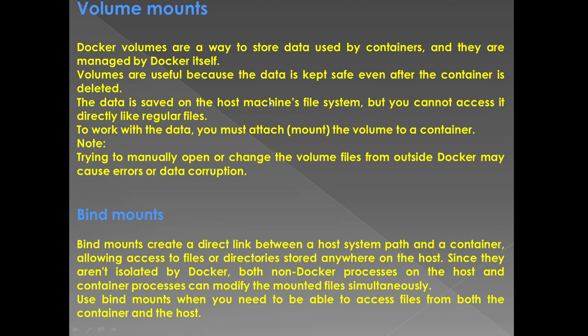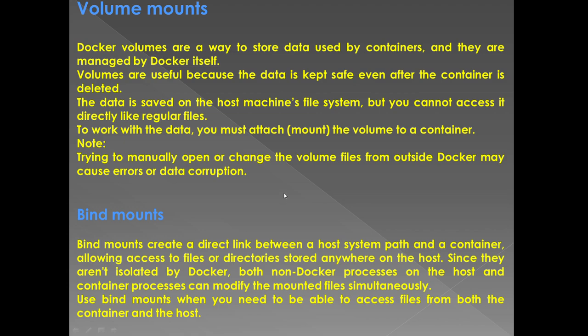Volumes are useful because the data is kept safe even after the container is deleted. The data is saved on the host machine's file system, but you cannot access it directly like regular files. To work with the data, you must attach the volumes to a container. Trying to manually open or change the volume files from outside Docker may cause errors or data corruption.